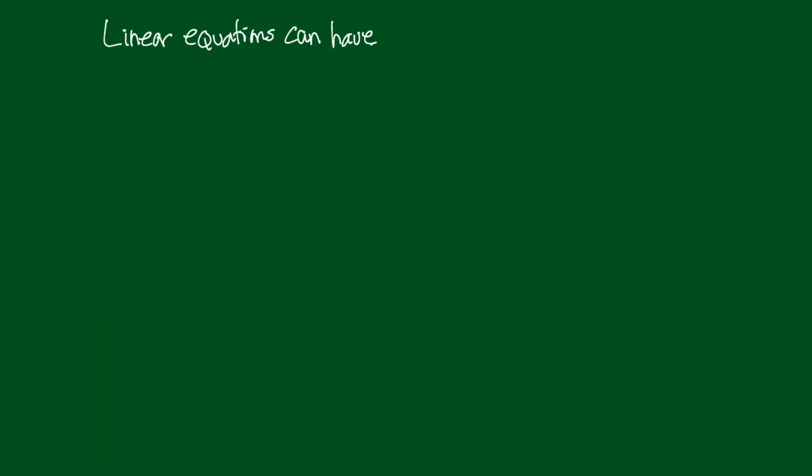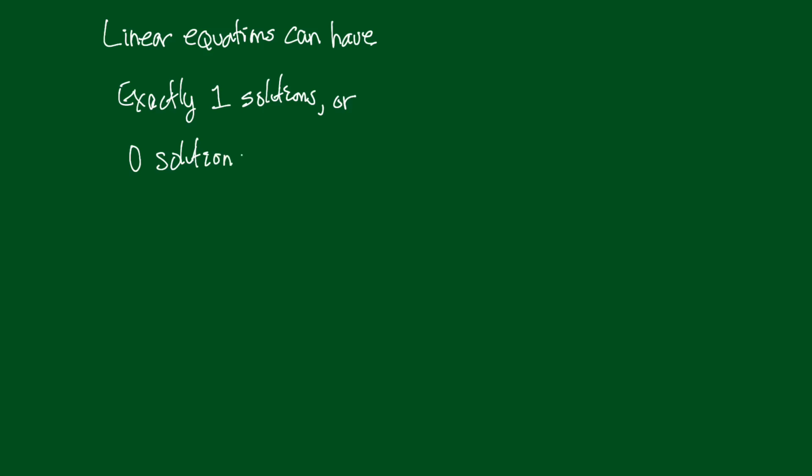So linear equations can have one solution. You know what? I'm going to say this. It's not just one. It's exactly one. Exactly one solution. Now, that's what's been happening in all the equations we've solved so far. They've had exactly one solution. They can have exactly one solution, or 0 solutions. Right?